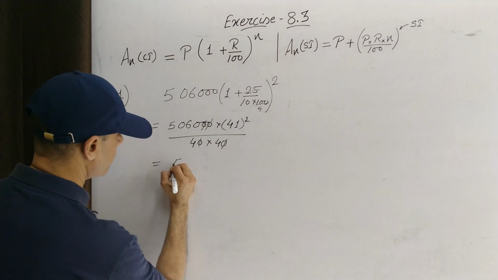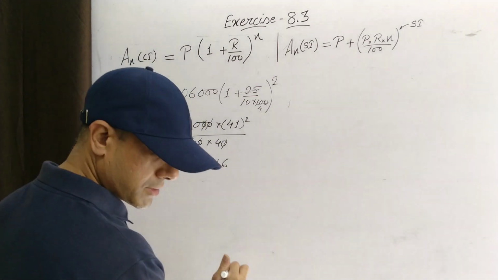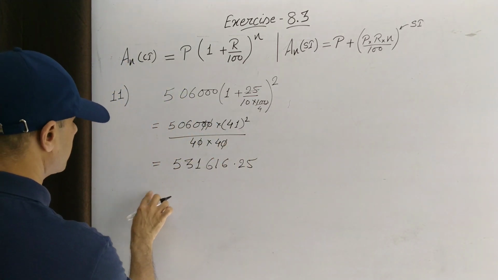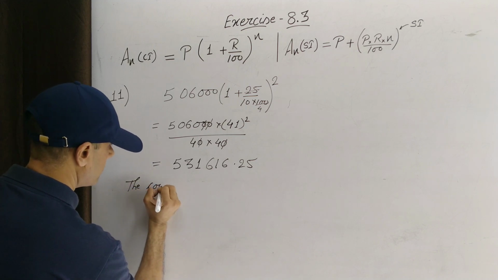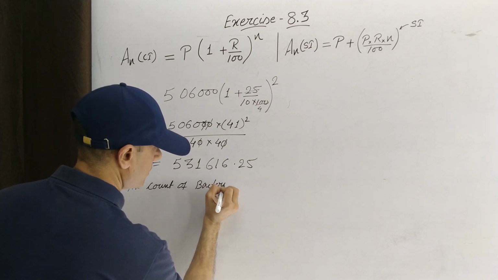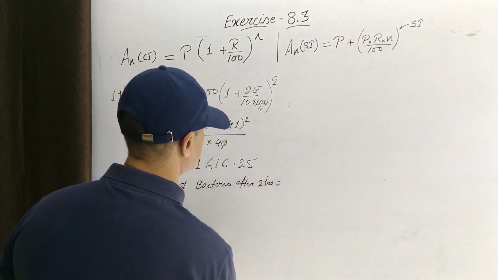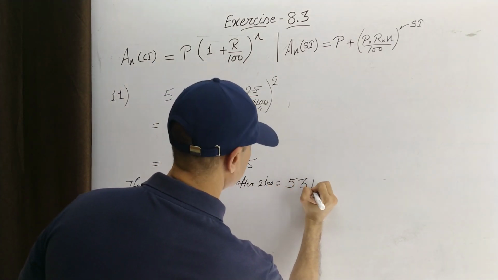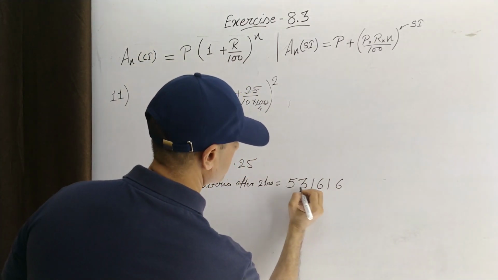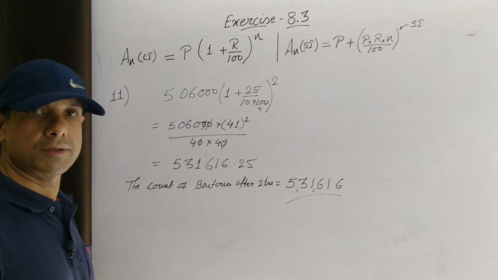So this is equal to 531,616.25. So we can write it as, so the count of bacteria after 2 hours is equal to 531,616. We'll leave this back. So this will be 5,31,616. Clear?